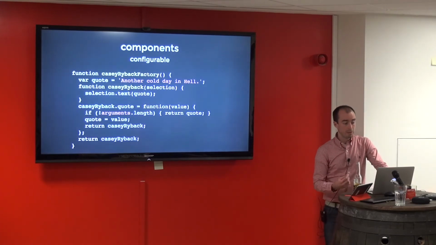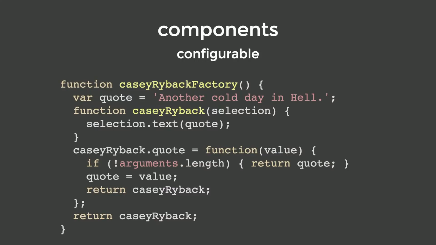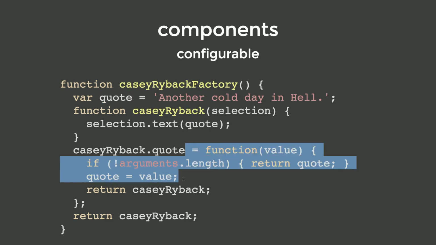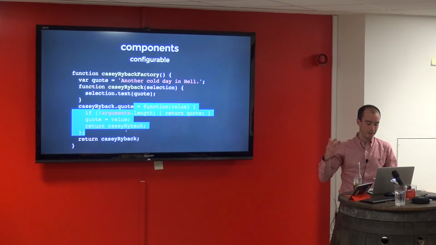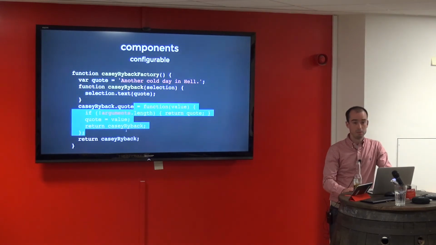Then we want to add the configuration in. So in this case, we configure the quote for Casey Ryback to say. So we've got a closure captured quote. We've got exactly the same code in the middle, but it makes use of the closure captured quote. And then we've got this boilerplate, which you see all over D3, which is just a getter-setter which maintains the nice flow of the code.